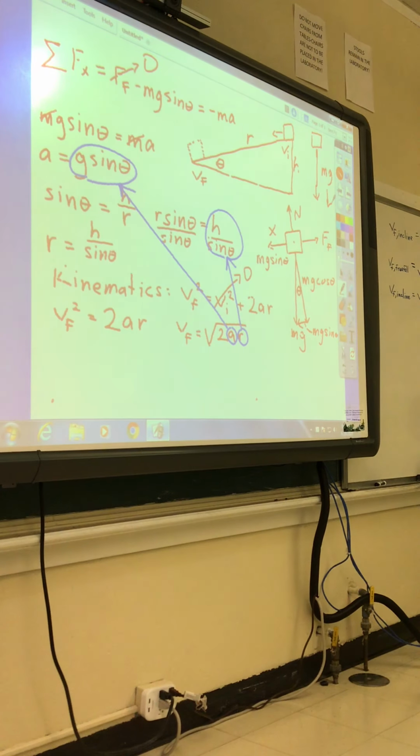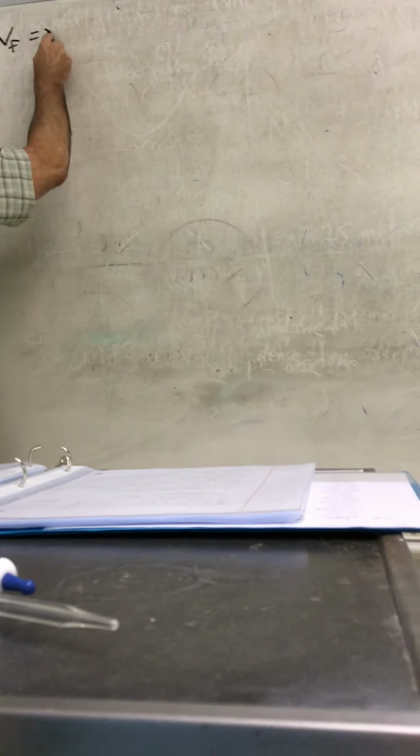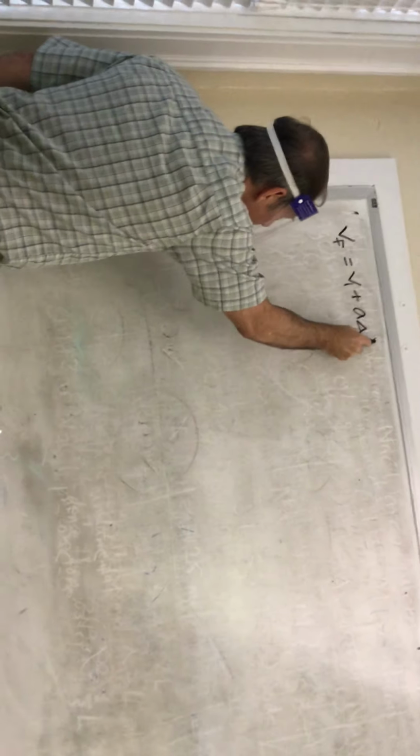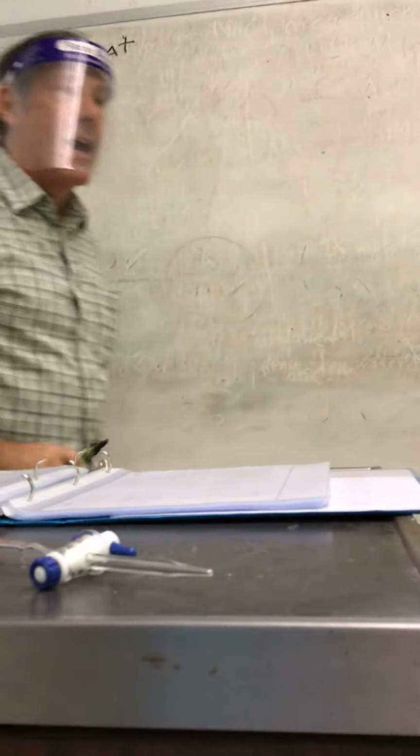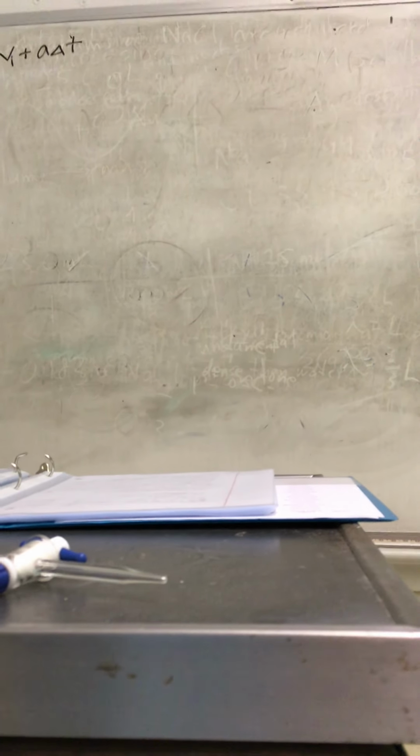Another space to work on. Let's just go back over here. The equation that we probably want to use is this one. Final velocity is equal to initial velocity plus acceleration times delta t.